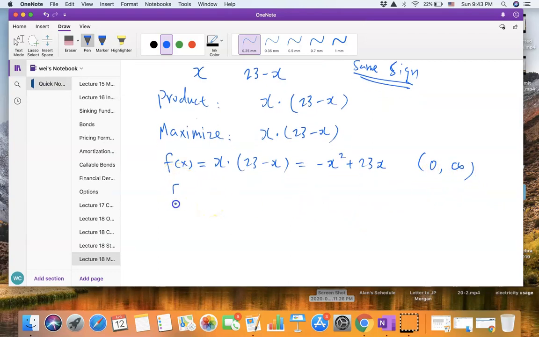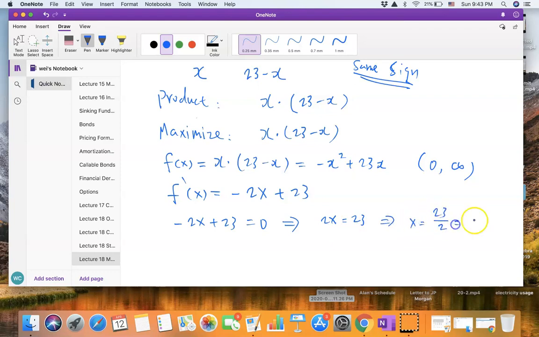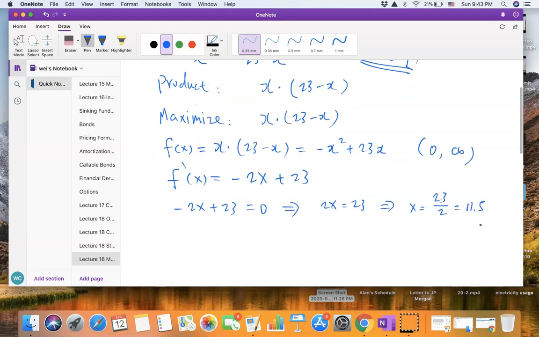Okay, then to find the critical point, we take the derivative of this function. We can get negative 2x plus 23. And by letting this be 0, we can find the critical points, which equals 11.5.